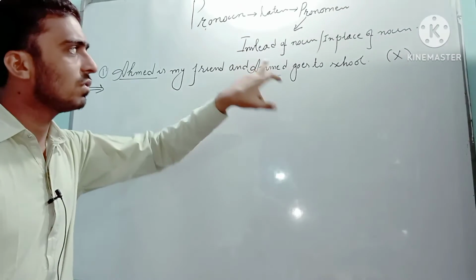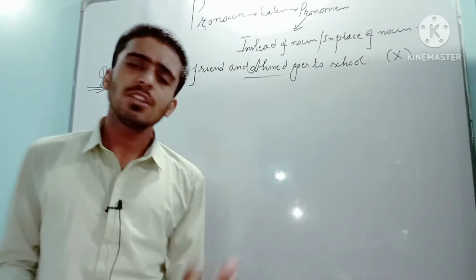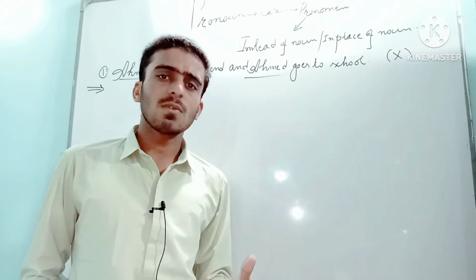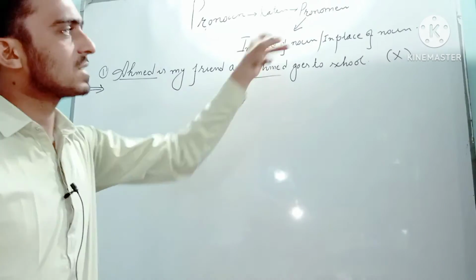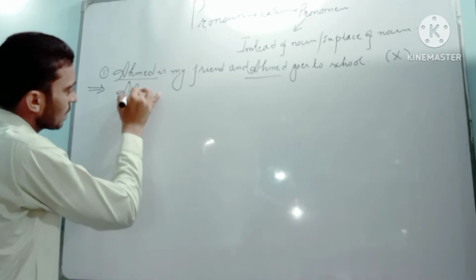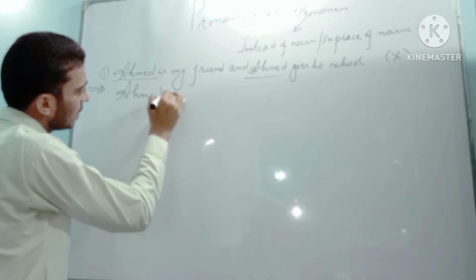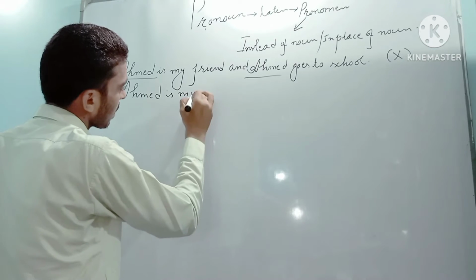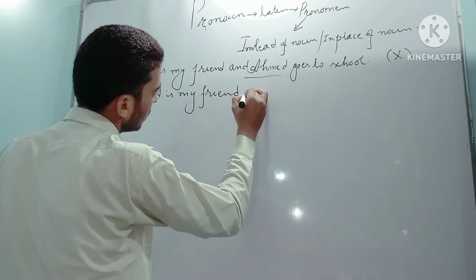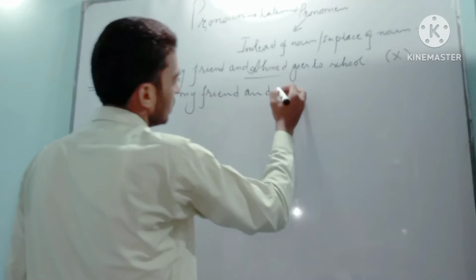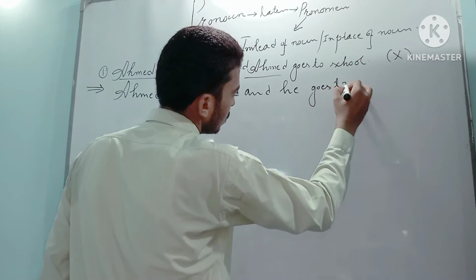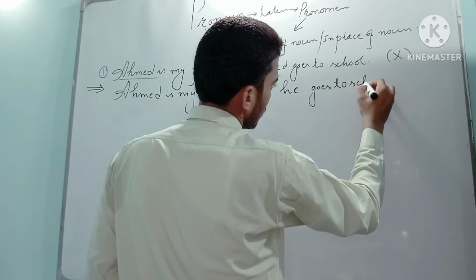If we repeat the nouns in the sentences, that sentence will be grammatically incorrect. That's why we use the pronoun. If we make this sentence correct, we will say: Ahmad is my friend and he goes to school.